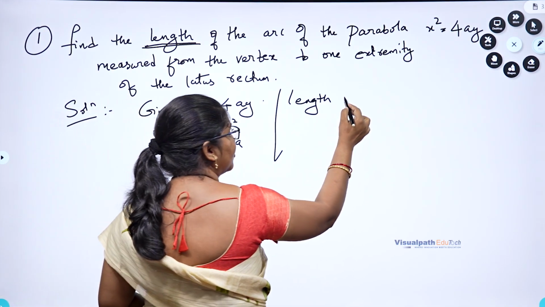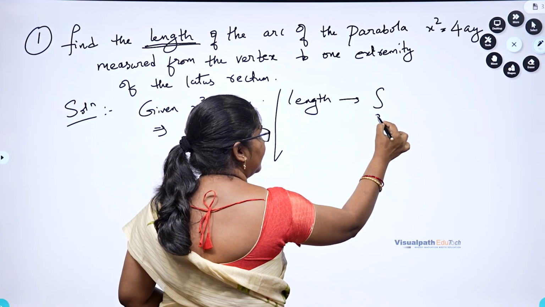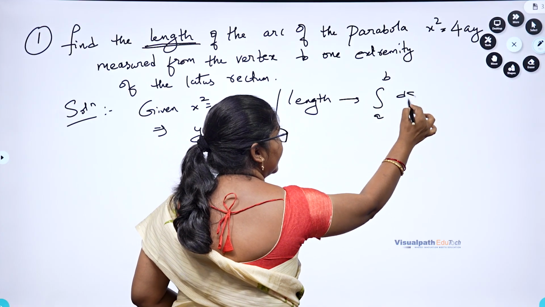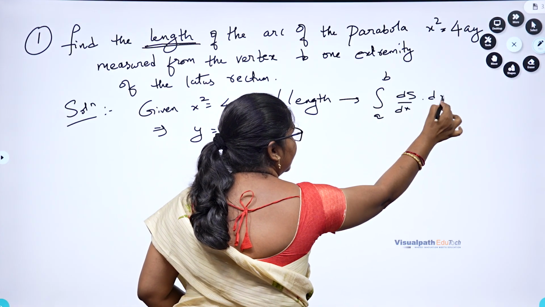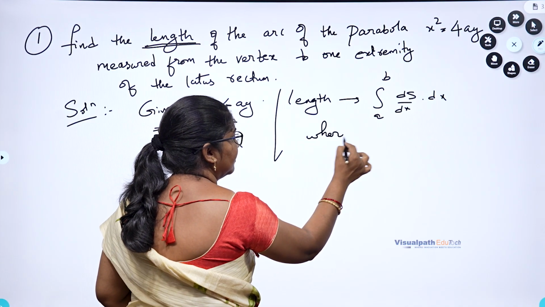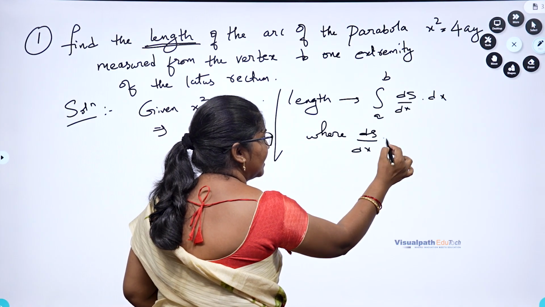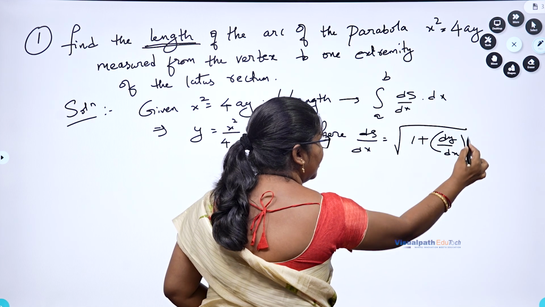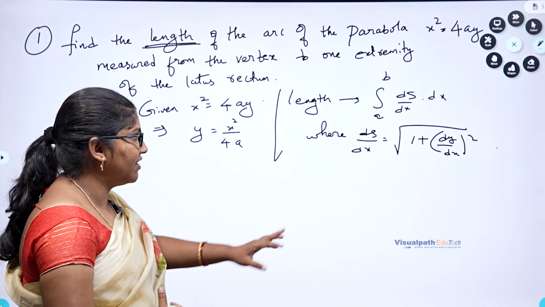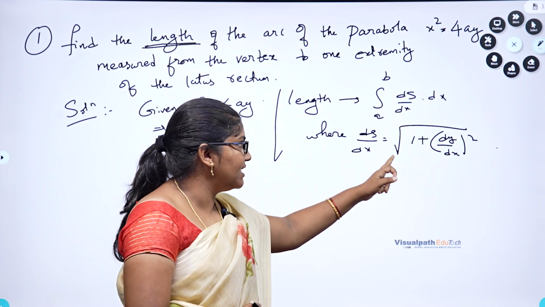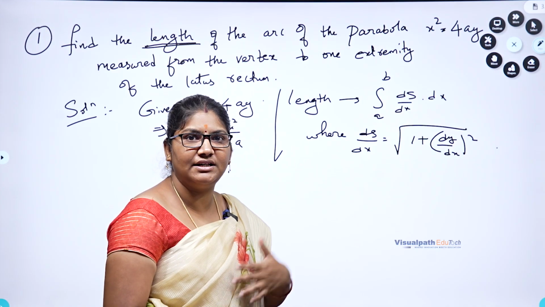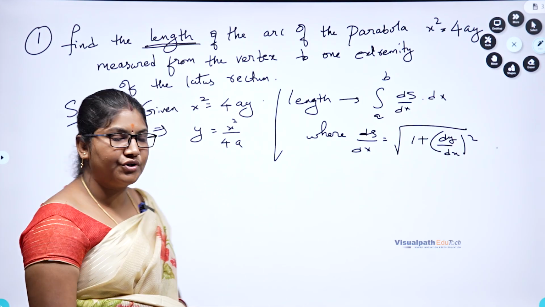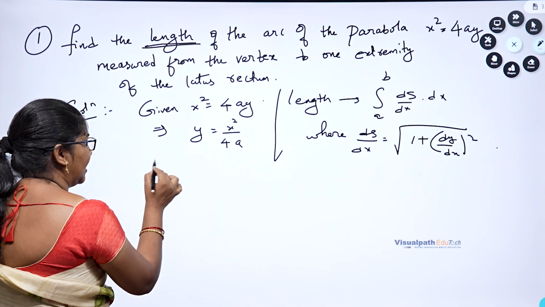That is the reason length of the arc will be integral a to b ds by dx in x, with ds by dx is equal to under root 1 plus dy by dx whole square. Okay. Now, first we have to find ds by dx. Before finding ds by dx, we have to find dy by dx.